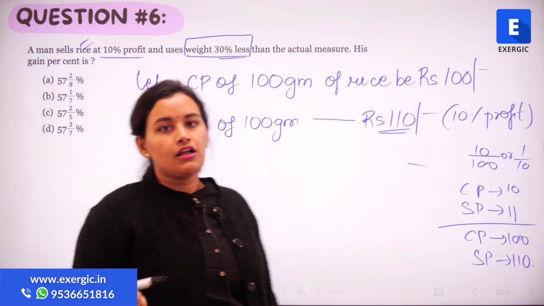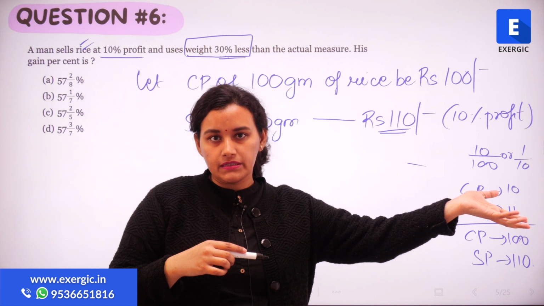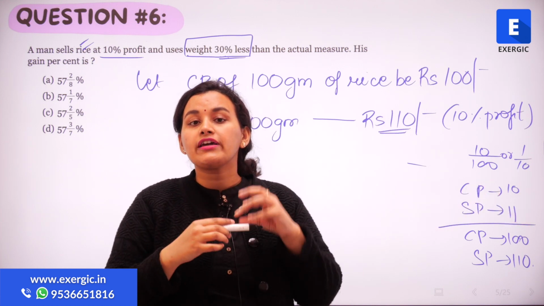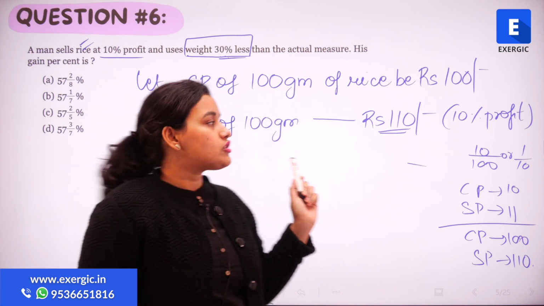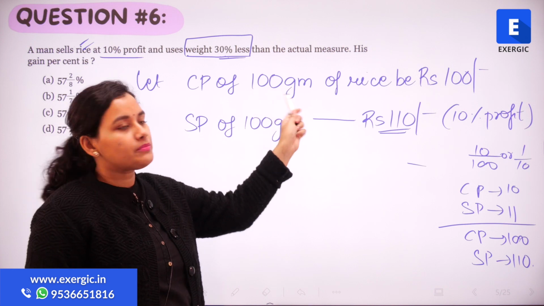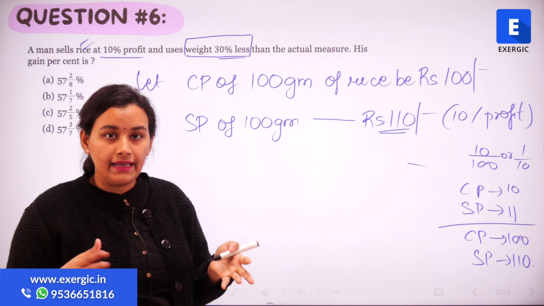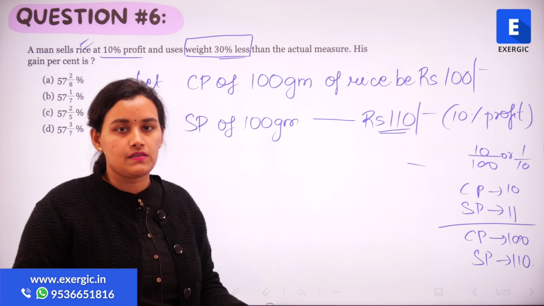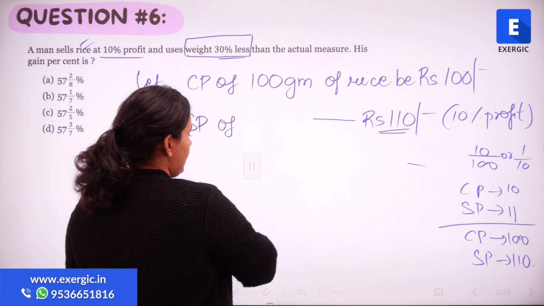What does this mean? Not only is he selling at 10% higher, but he is also giving a lesser amount for that higher price. This 30% less is from what? 30% less from this 100 grams. So 30% less means how much is he actually selling? He is selling 70% of that 100 grams. So he is not selling 100 grams for 110 rupees.